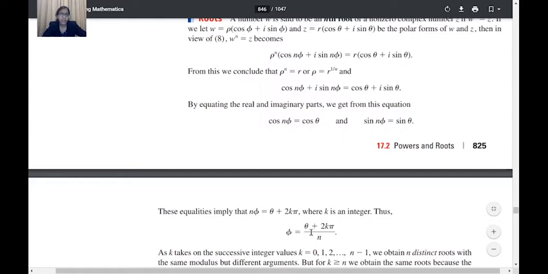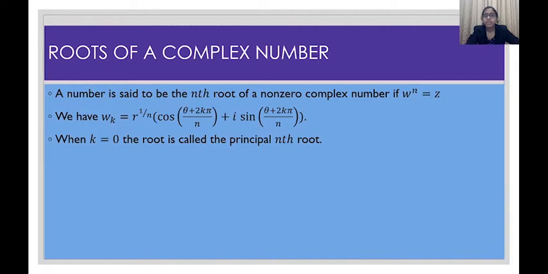Okay, so let's see what was the formula that we had seen. We had seen that w is equal to r raised to 1 by n times cos of theta plus 2k pi by n plus i sin of theta plus 2k pi by n, right?